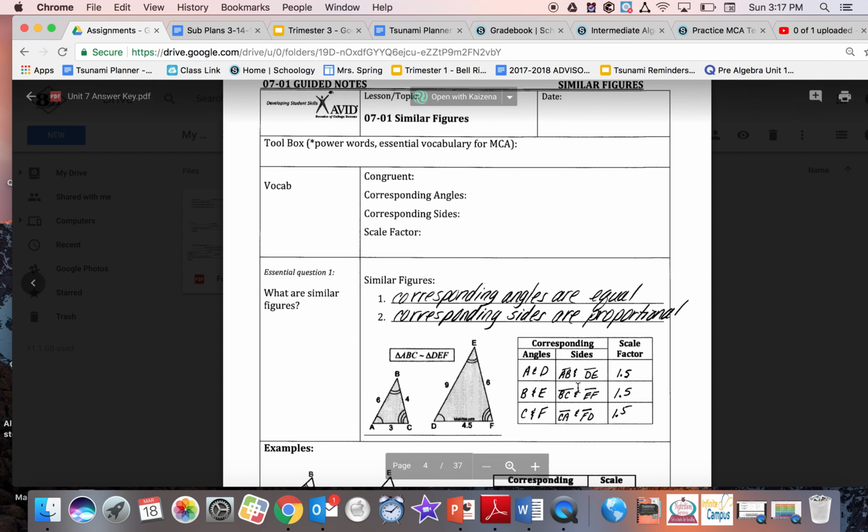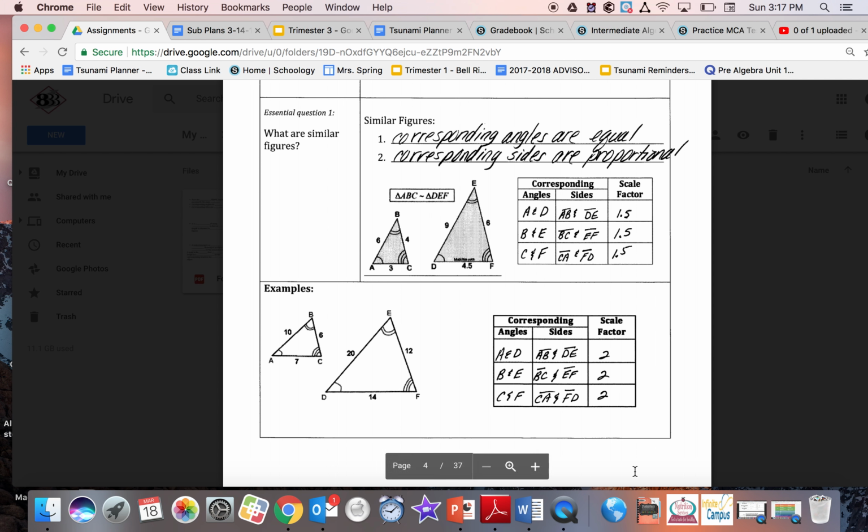So here is what I came up with for corresponding angles and sides for the first example. And example number 2, I noticed that the scale factor is 2 because this triangle is exactly twice the size of this triangle. We doubled the side lengths in each of the corresponding sides. And that's how we get a scale factor of positive 2.